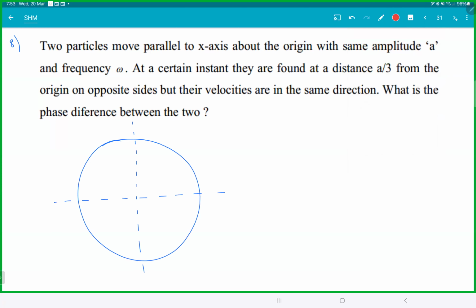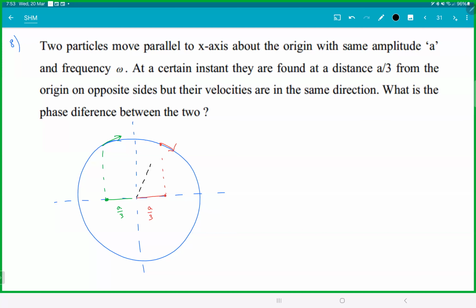So he's saying both are on either side, meaning one guy is here at a by 3. Both the velocities are in the same direction. So let's assume this guy is here going this way. This guy is here at a by 3 and is also going this way.